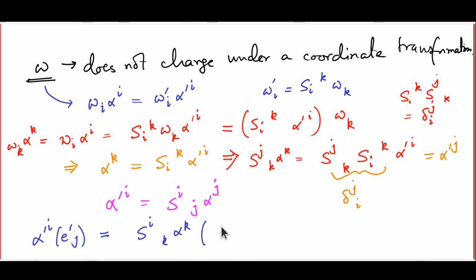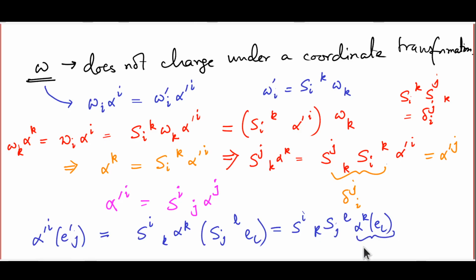On the other hand, E prime j has to be Sj l El. So using the fact that a covector, alpha k, is after all a linear map, I can pull the coefficient Sjl out of this equation and I get Sik Sjl times alpha k acting on El.